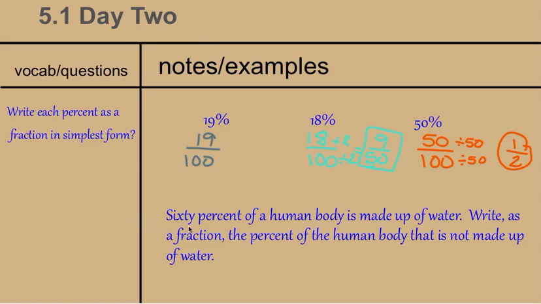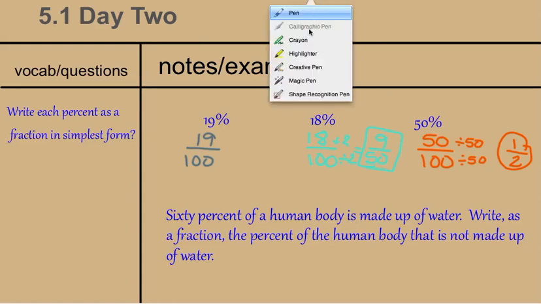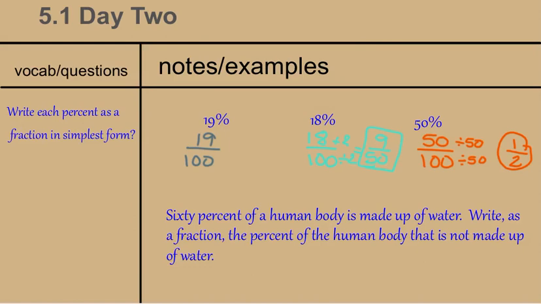All right, here we go. 60% of a human body is made up of water. Write as a fraction the percent of the human body that is not made up of water. Okay. Did you catch that? Let me see if I can find my highlighter, and we'll highlight some of those details really quick. 60% of the body is made up of water.